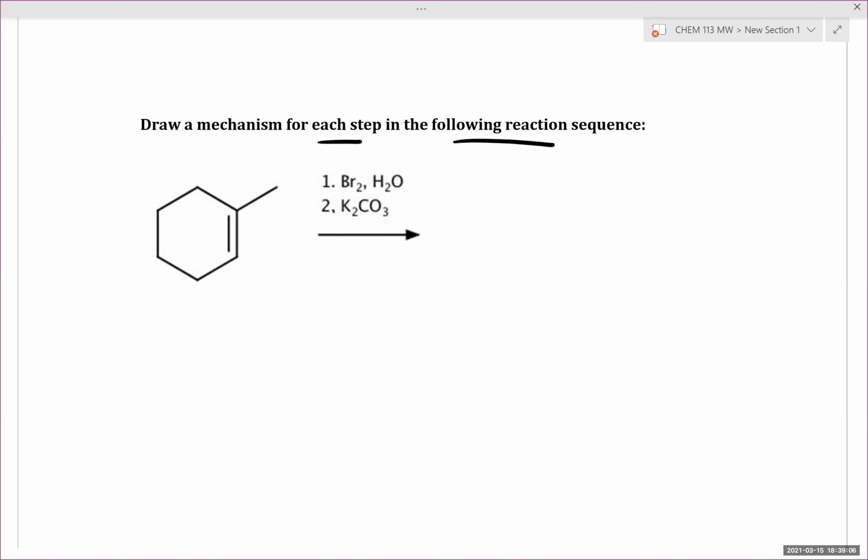And please include the stereochemistry for your intermediates and your products. Would anyone like to share their proposed mechanism?